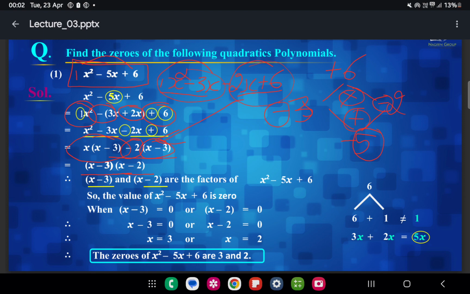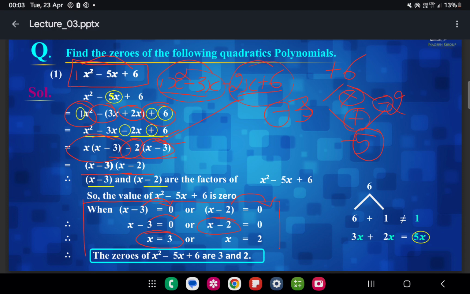When we have to get the zeros of the polynomial, we have to take x minus 2 individually and x minus 3 individually. So you will get x minus 3 is equal to 0, x minus 2 is equal to 0. Shift the minus 3 to the right hand side, shift the minus 2 to the right hand side. Minus 3 shifted means you will get plus 3, x is equal to 3.